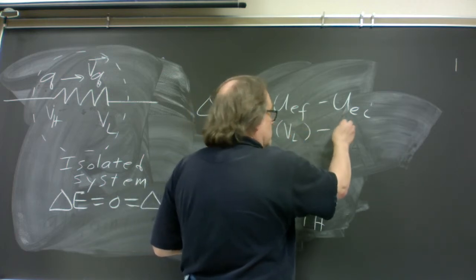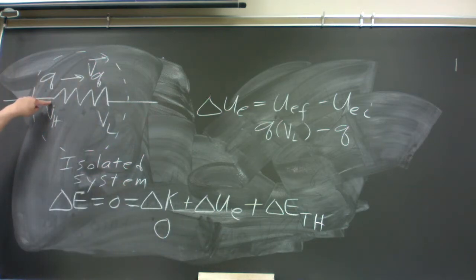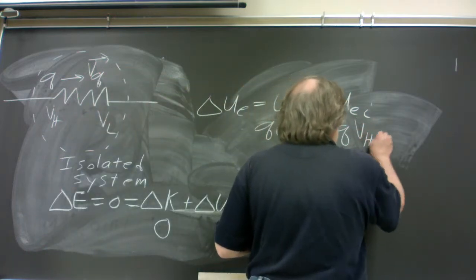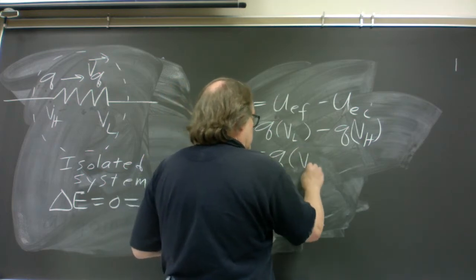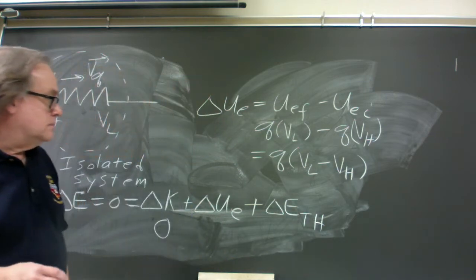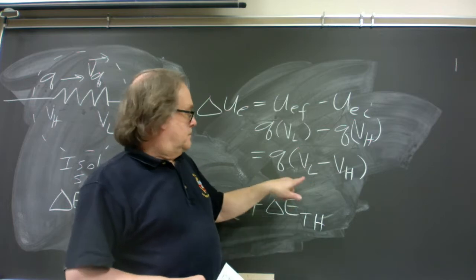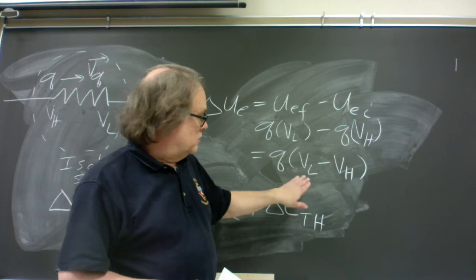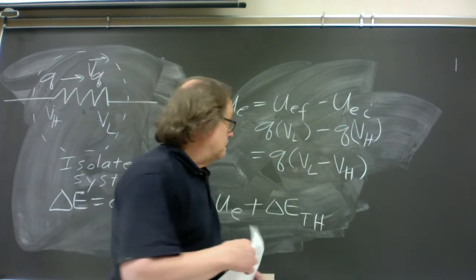And then initial was charge times the potential that the charge saw when it was here just entering that lump of resistance, V high. Factor out that Q and you've got Q times (V low minus V high). This is just delta V, the final minus the initial potential.